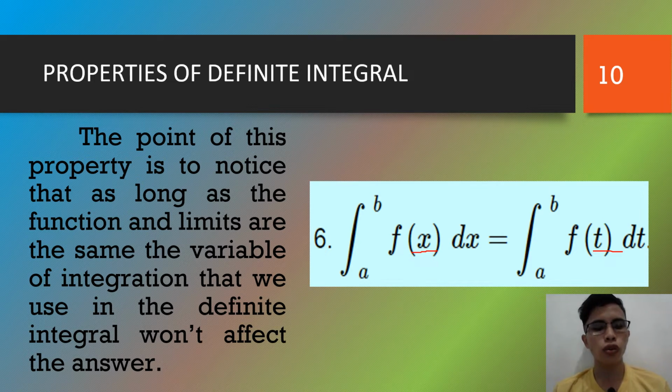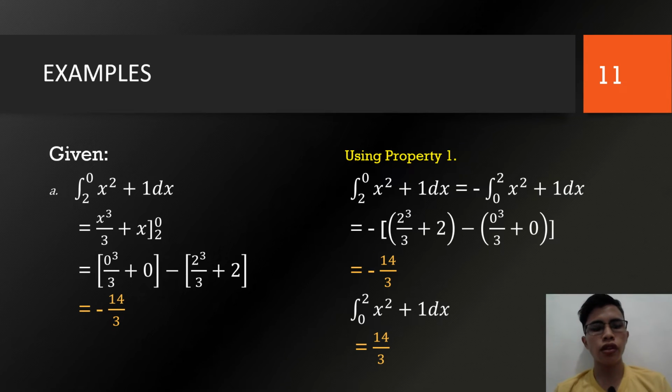Okay, so we're going to apply these six properties in some of our examples. Let's have first example number 1. Letter A, integrate x squared plus 1 dx from 2 to 0.